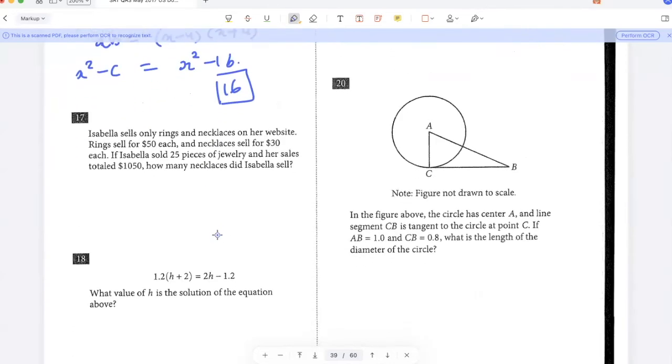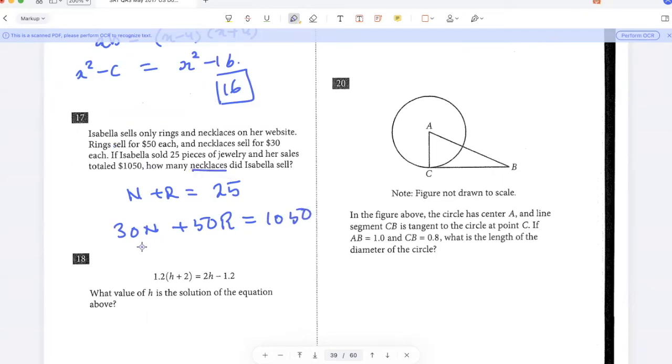Isabella sells only rings and necklaces on her website. Rings sell for $50 and necklaces for $30. Isabella sold 25 pieces of jewelry and her sales totaled 1050. How many necklaces? Okay. So necklaces plus rings, total she sold 25, and ring is 50 and necklace is 30. So 30N plus 50R, she earned a total of 1050.